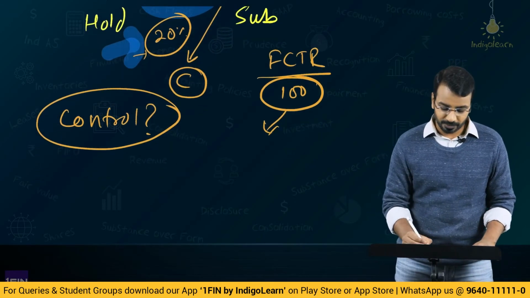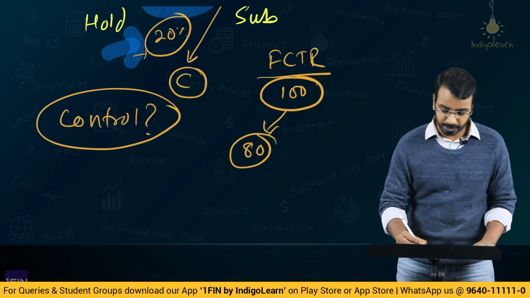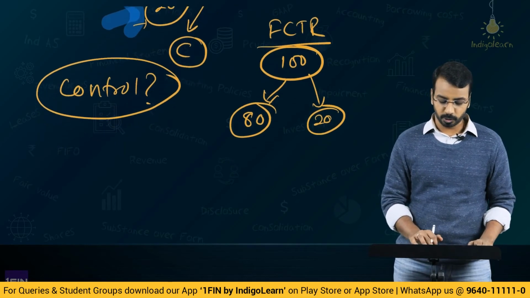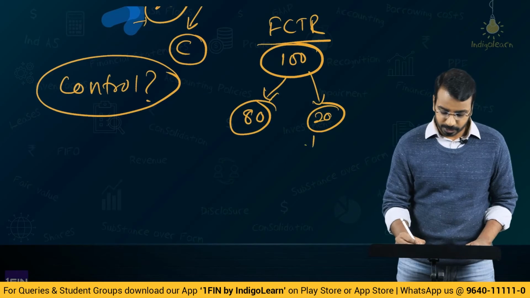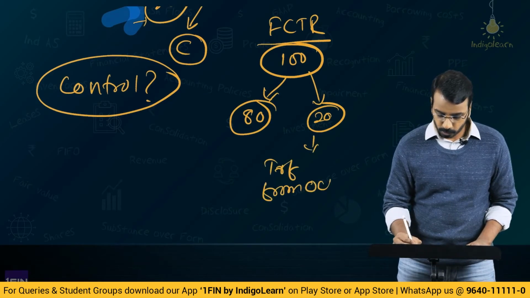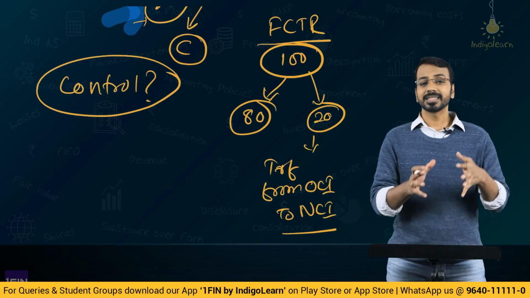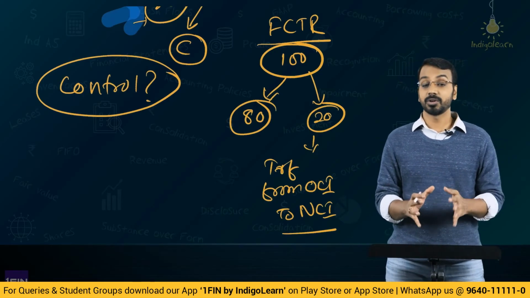So what do I mean by that? Say for example, now 80 pertains to the parent and out of this 20 pertains to NCI. Just for example. So what you need to do is, this 20 should be transferred from OCI to NCI. And please note friends, all of this is in the consolidated financial statements that we are talking about.